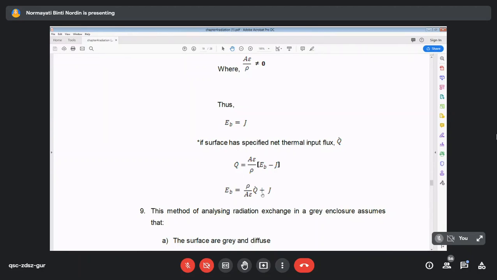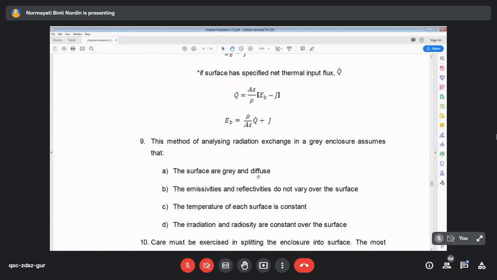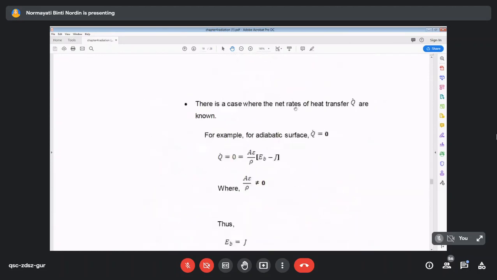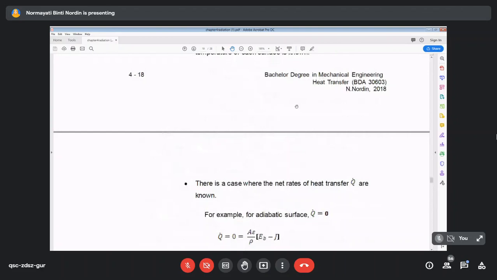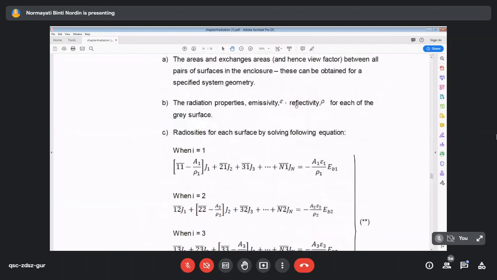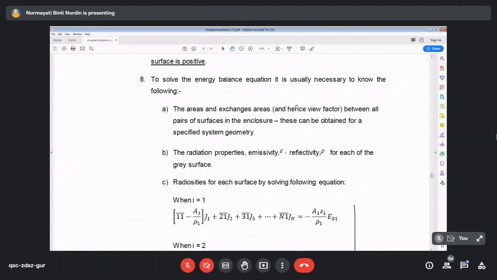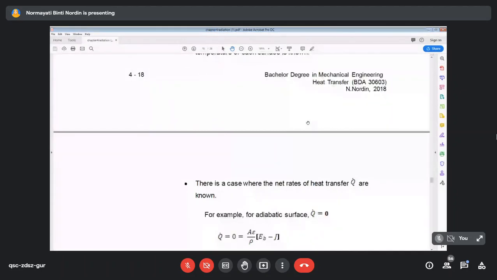So radiosity you guys dah calculate earlier tadi, so you can have the value of black body emissive power in case that surface dia punya diberi nilai heat transfer rate ataupun source of heat ni ada, so kita boleh calculate dia punya black body emissive power. So itu adalah perkara penting yang you guys perlu tahu. Ini dari segi konsep. So nanti kita tengok macam mana ianya diaplikasikan, kita apply.